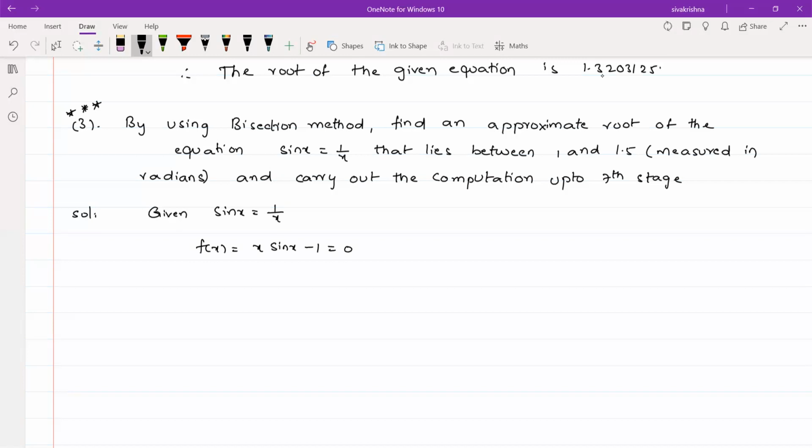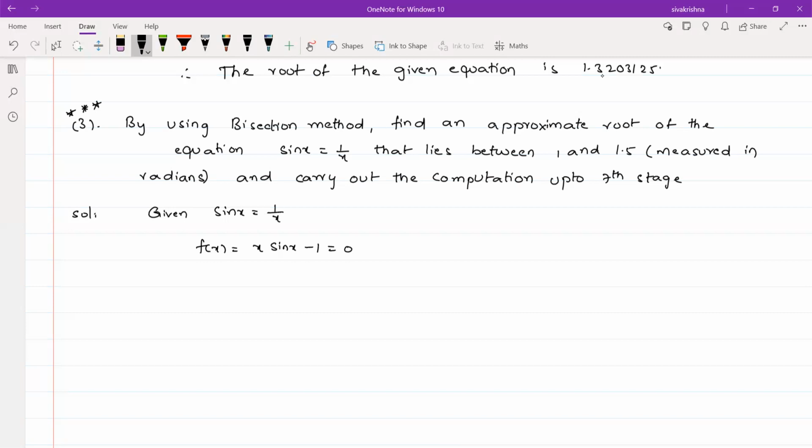So the given equation can be rewritten as x sin x minus 1, and I am naming this f of x. Here we need not select the numbers, because it was given that the root lies between 1 and 1.5. It means the signs of f of 1 and f of 1.5 are opposite, so we take those numbers only.